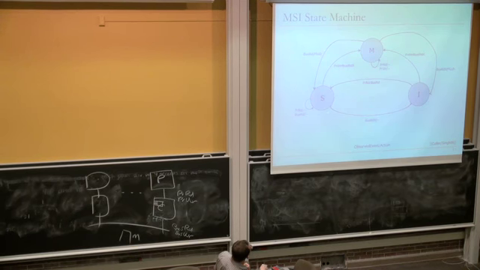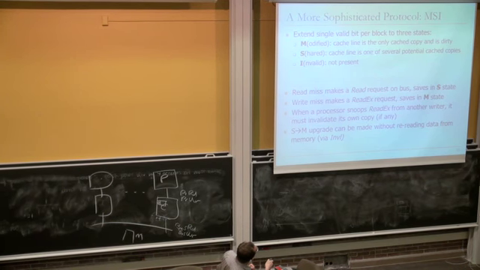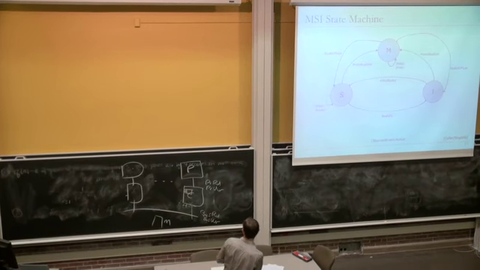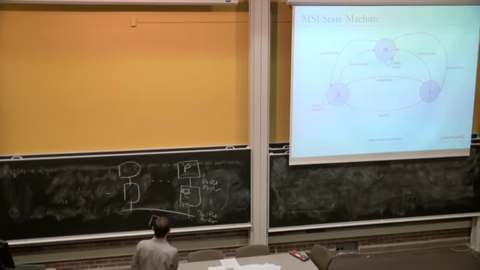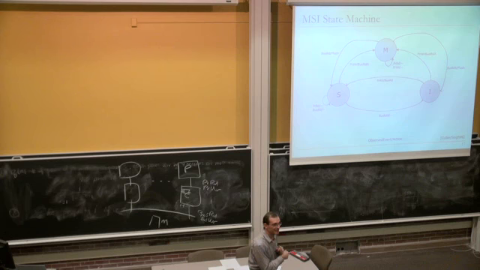It can do as many reads as possible. Shared state means that the block is present in several potential caches. It could be in one cache or it could be in many caches, but the block is not modified. It's clean with respect to memory. Make sense?